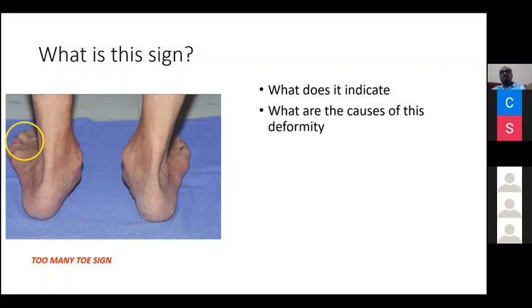So what does it lead to? One is heel valgus. Heel valgus, midfoot planus, or it is called a midfoot collapse, the arch is completely collapsed.